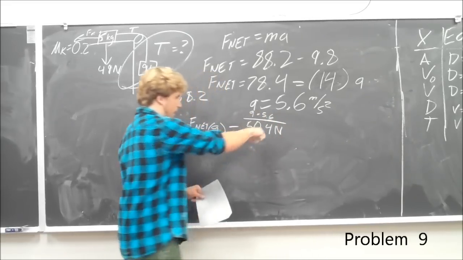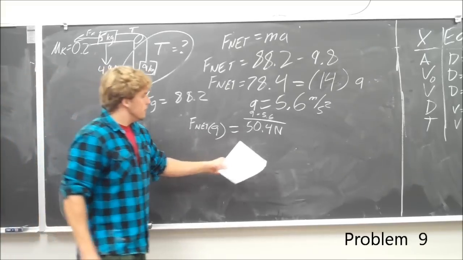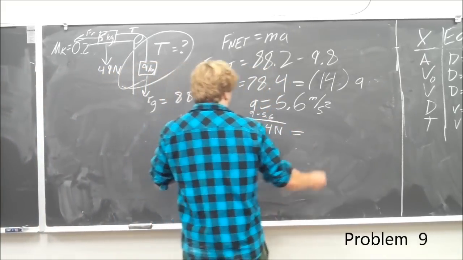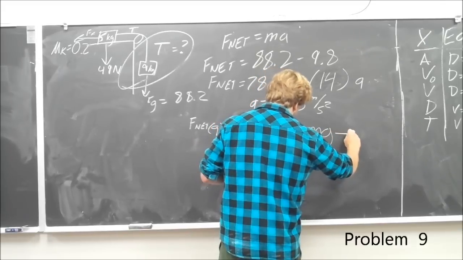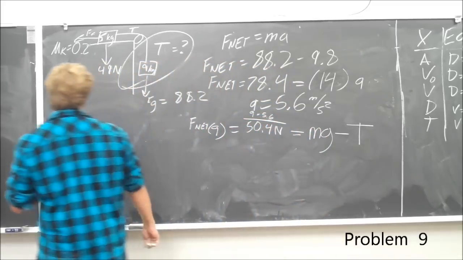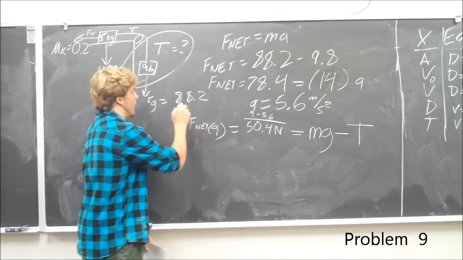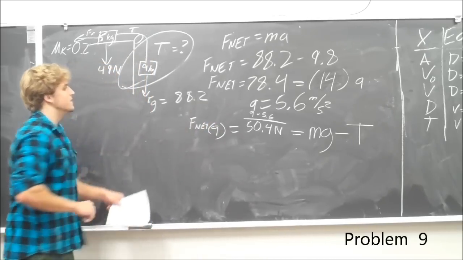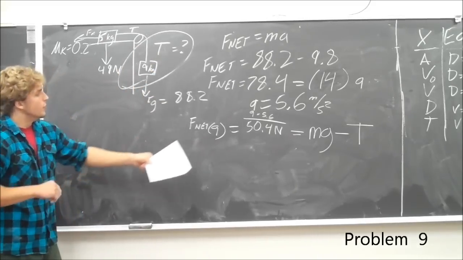Then you can set that equal to mg minus tension. 50.4 newtons is going to be equal to 88.2 newtons minus this tension, because those are the only forces acting on this guy.